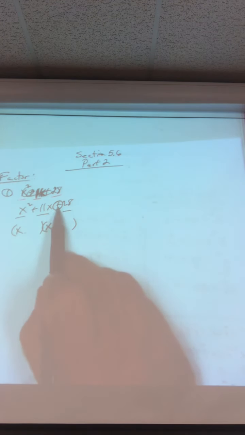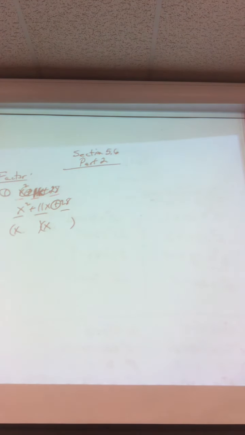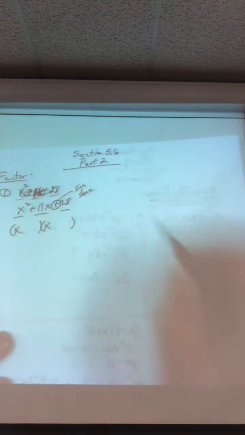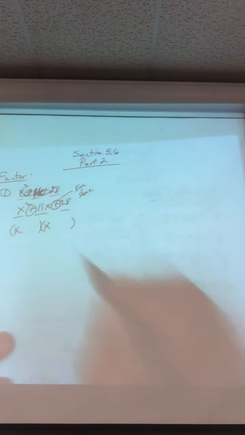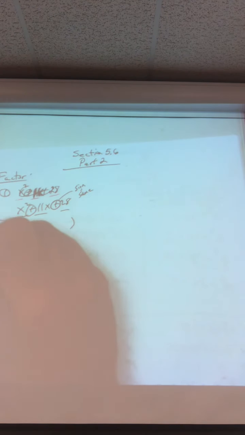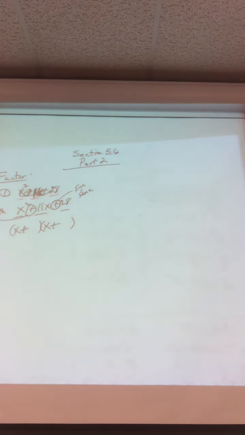If this is a minus, the signs down here are different. So this means the signs are the same. And this sign tells you what they're going to be, so they're both positive. I can put a plus with both of those.